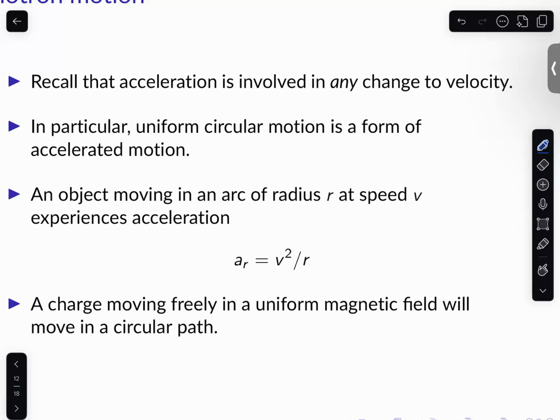If you speed up and slow down, sure, you're changing your velocity, or accelerating. But any change to velocity requires acceleration. And velocity is more than just speed. Speeding up, slowing down, that's speed. Velocity includes direction. So if you turn, you're changing your direction, you're accelerating. That's what I told you last semester.